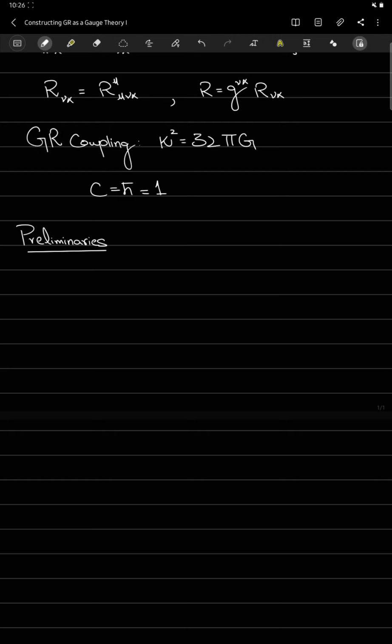We know from classical physics that Newton's potential V acting between two bodies of masses m1 and m2 is written as V of r equal to minus G m1 m2 over r. This is just from your basic classical physics, right?